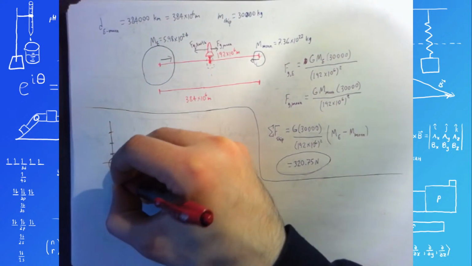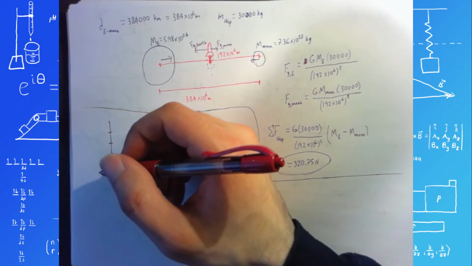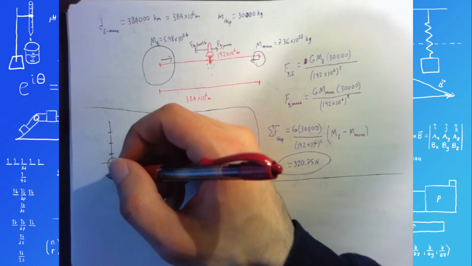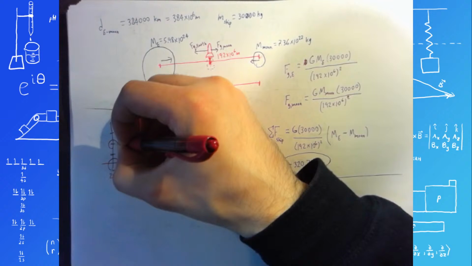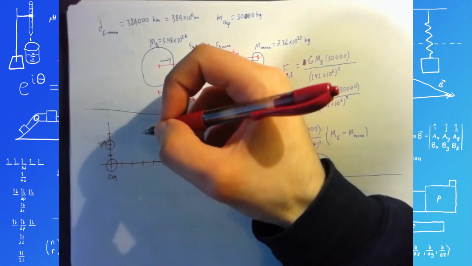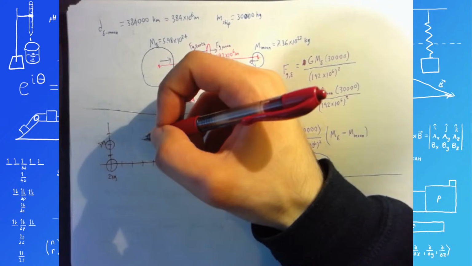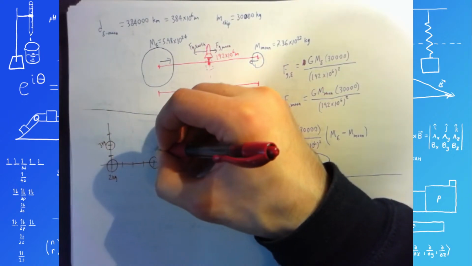We have a 3 kilogram object at 0, 2, so that's going to be over here, 3 kilograms. And a 4 kilogram object at 4, 0, so a 4 kilogram object over here.